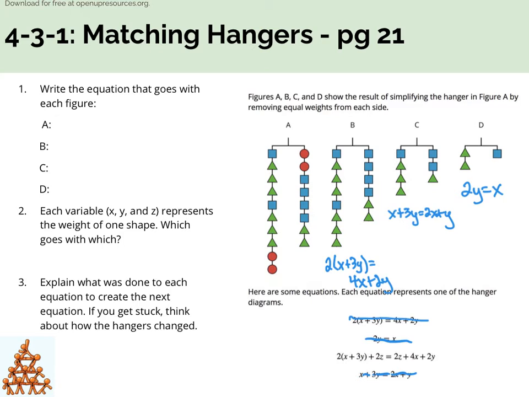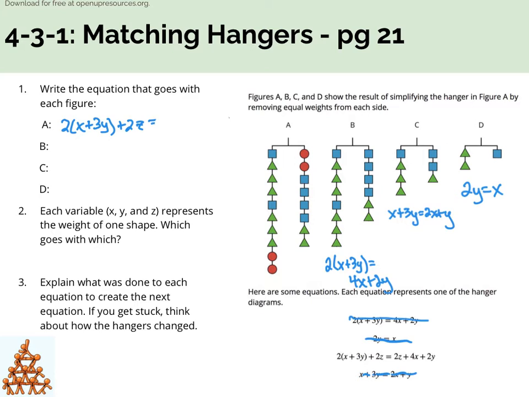So I'm going to go ahead and start copying everything onto here so we know what we're working with. So A is the 2 of the x plus 3y plus 2z equals 2x plus 4y plus 2z. Oops, sorry, I wrote that wrong. Let's try that one more time.